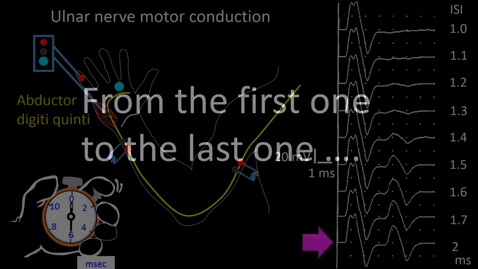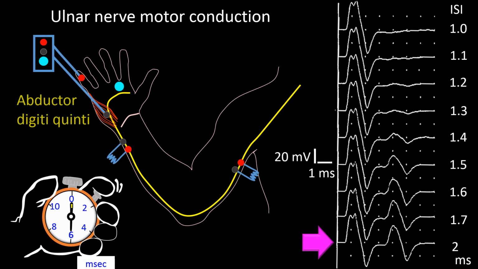Now, we will look at the last trial in this example, as indicated by the arrow pointing to the bottom of the screen. Now you will see the wrist stimulation given. 6 milliseconds later, the first axillary stimulation is given.